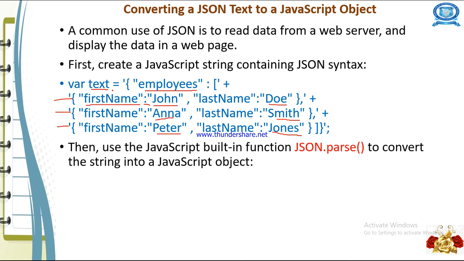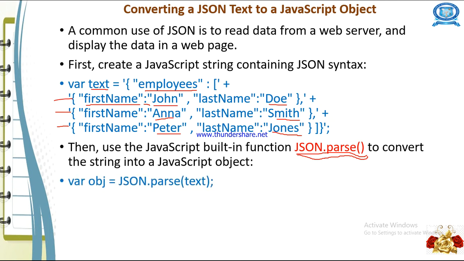Next, use the JavaScript built-in function, that is JSON.parse, to convert the string into a JavaScript object. This is how you convert the string into the JavaScript object.